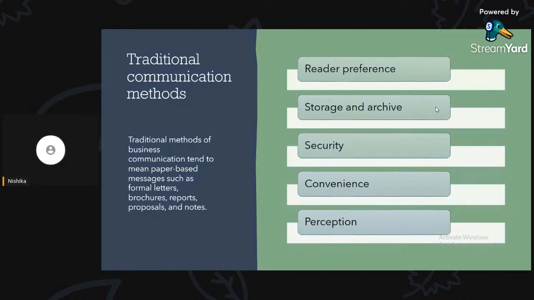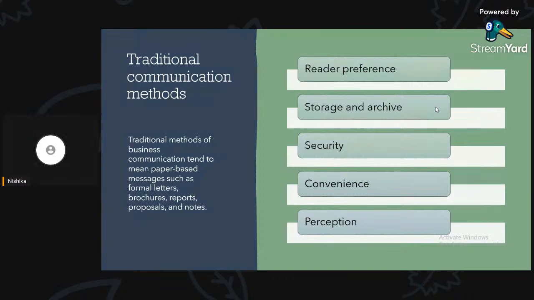Next is perception. Finally, traditional communication methods can make a good impression and improve the receiver's perception of the message that is being sent. A formal written proposal sent to a customer usually gets opened, in contrast to an email that is flagged for later or marked as unread. A handwritten note is almost always opened right away because of the novelty that it holds.